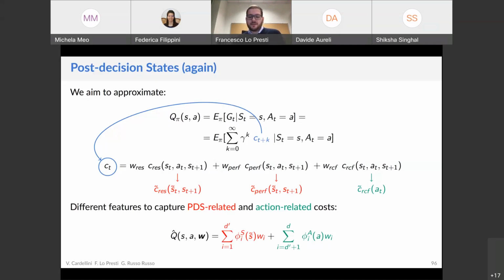One depends on the post-decision state and one depends on the action. So the problem of defining features can be divided into 2 sub-problems. One problem consists in defining features for states that are post-decision states actually, while the second sub-problem consists in defining features for actions only.